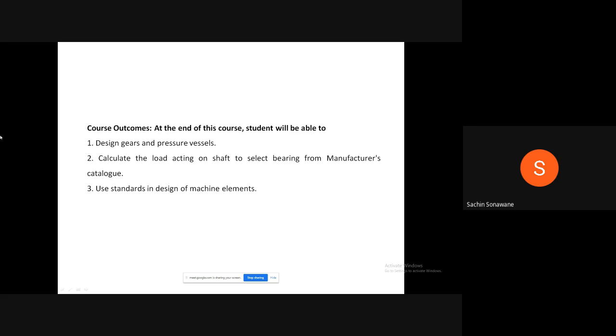Course outcomes. At the end of this course, student will be able to first design gears and pressure vessels. Second, calculate the load acting on shaft to select bearing from manufacturer's catalog. Third, use standards in design of machine elements.